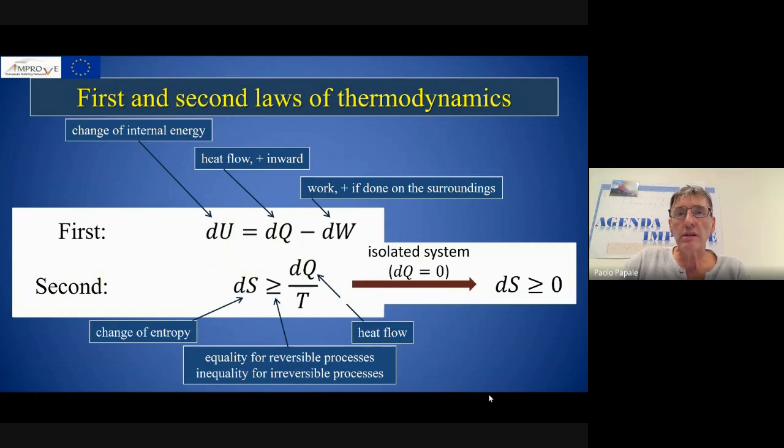An isolated system is one that exchanges neither mass nor energy, thermal or mechanical, with the surroundings. By definition, it is a system left to spontaneous evolution, because any external action would connect the system with the surroundings, therefore making the system itself not anymore isolated.